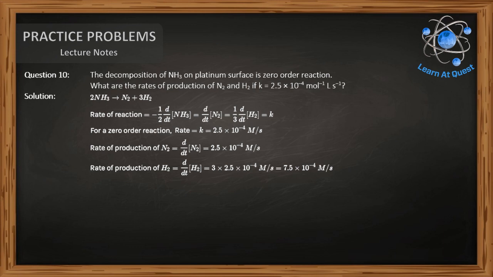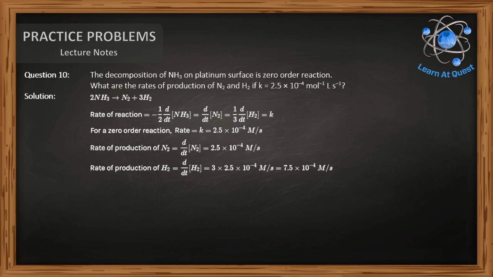Now here in the question, ammonia is decomposing to form nitrogen and hydrogen. Let's express this using a chemical reaction. On balancing, we can write the reaction as 2NH3 forms N2 plus 3H2. Let us now express the rate of the reaction based on stoichiometry.